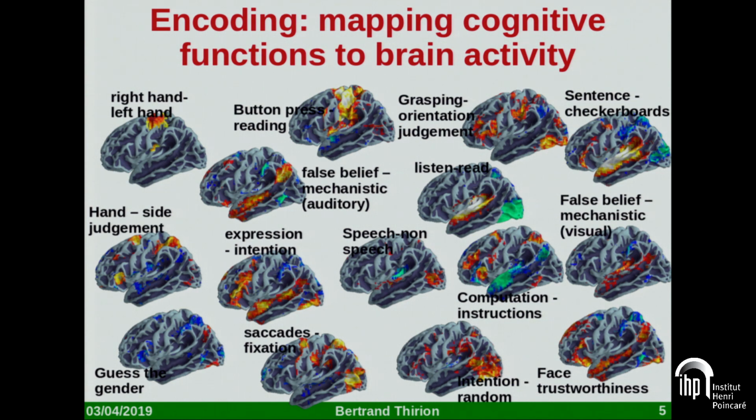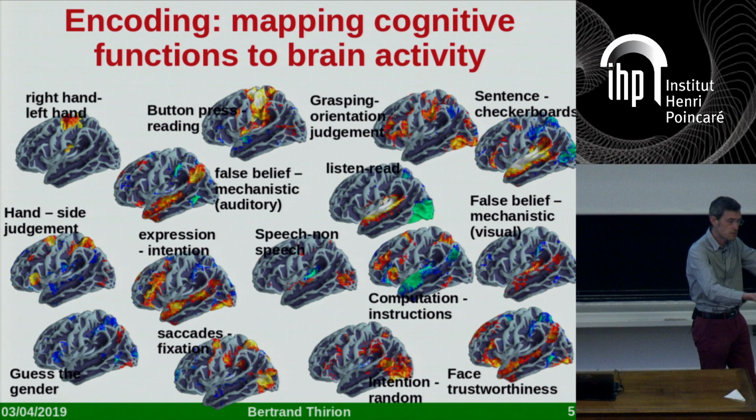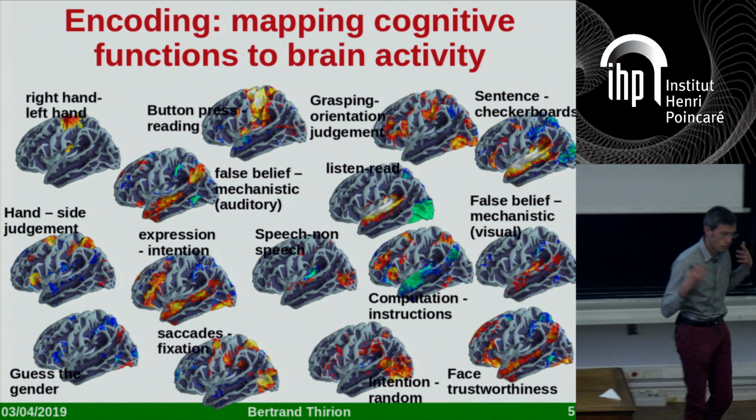Encoding has been done for about 25 years now, since we've been using functional magnetic resonance imaging. Typically, we use batteries of tasks to assess many conditions and look at brain activity differences between two conditions. We call them contrasts.